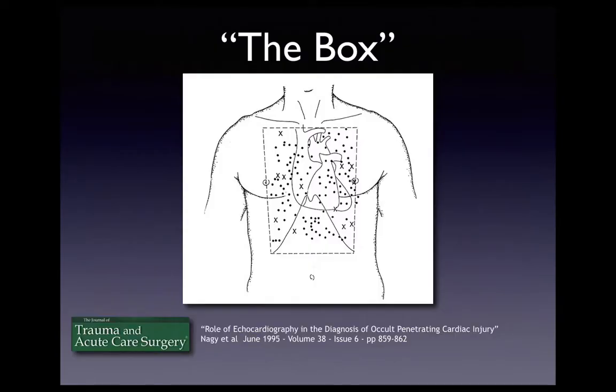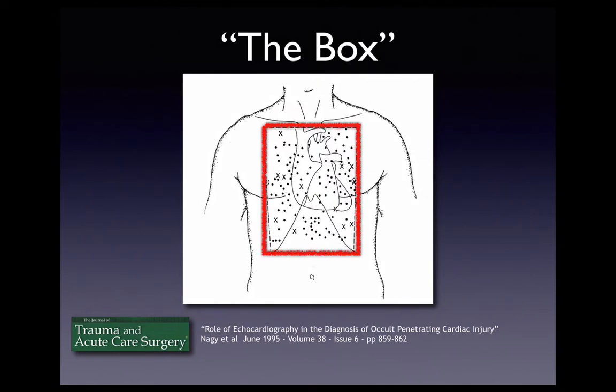One of the views is the cardiac window, and we use it when we have penetrating injuries within the area called the box, an area bounded by the anterior chest and the clavicles, laterally by the midclavicular lines, and inferiorly by an imaginary line drawn between the costal margins.